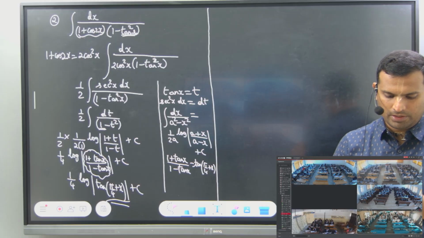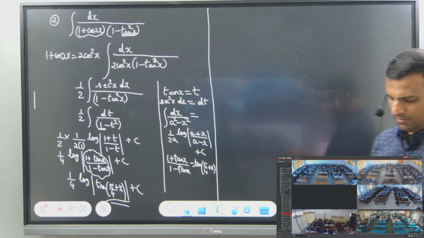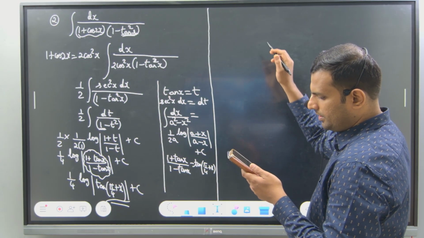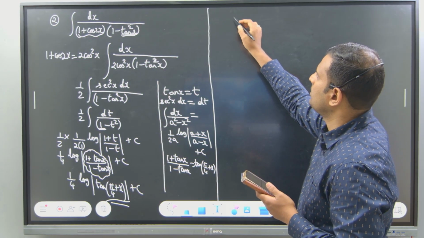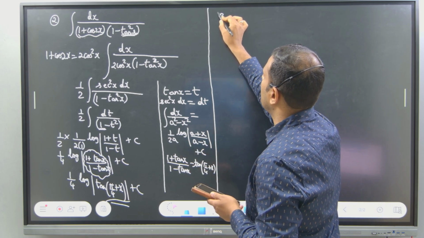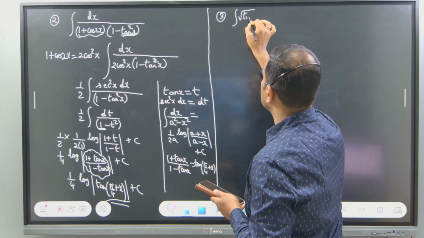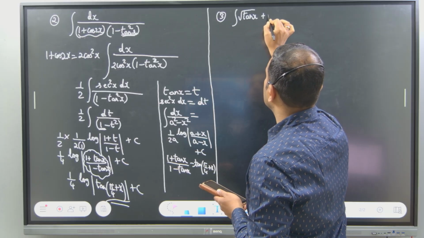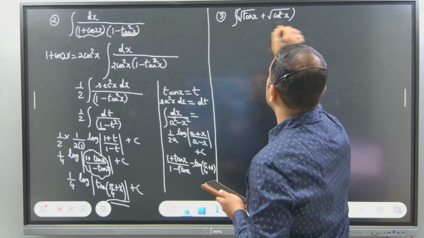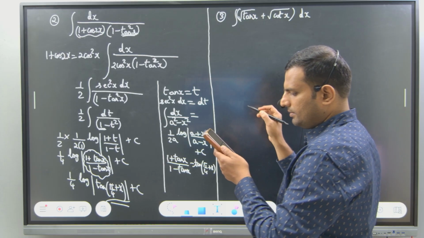Okay, now let me go to the next one. Can you tell me how to solve this? Okay, this is a little tough one. Let's see. I'll give you options also here. Integral root tan x plus root cot x dx. Okay.